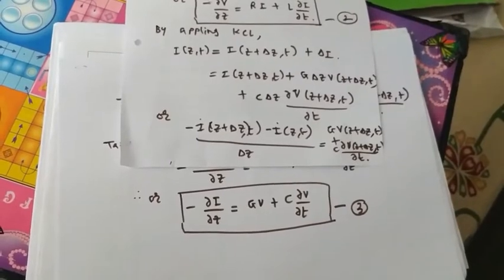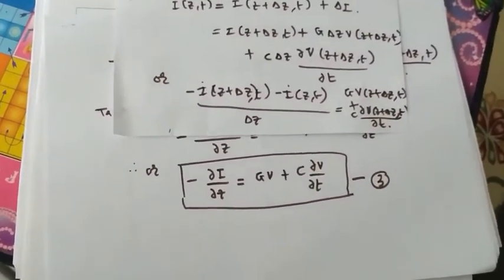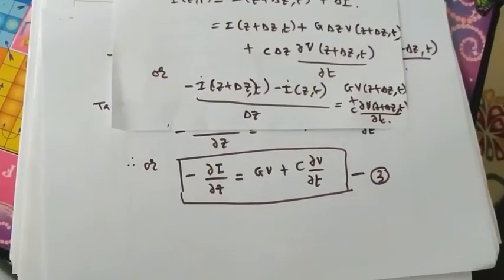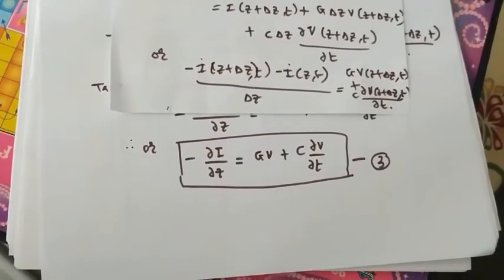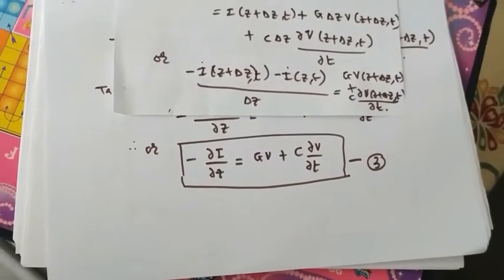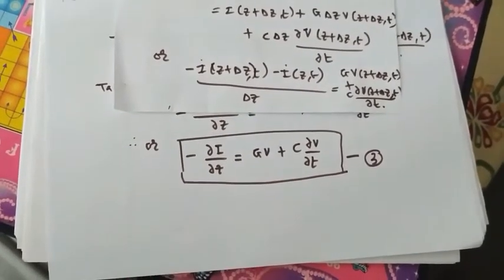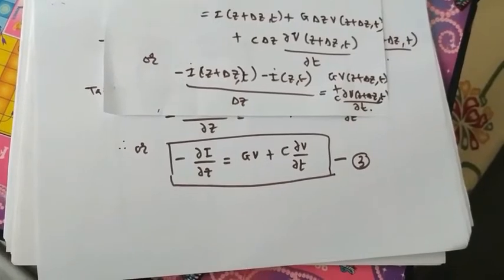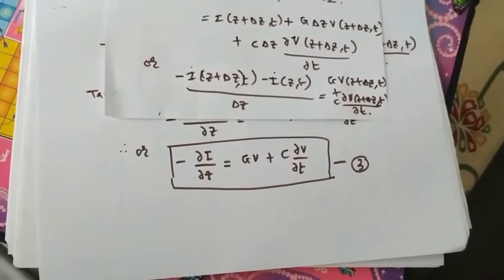So for that case, let us first derive the relation between the voltage and currents in terms of the space and time variables and in terms of the harmonic time dependency.